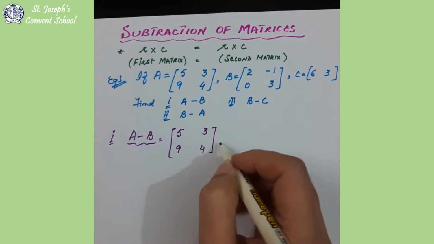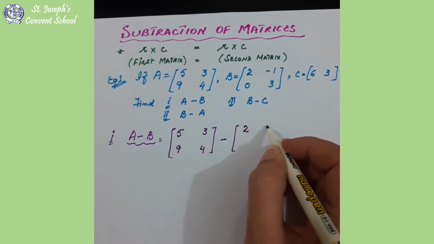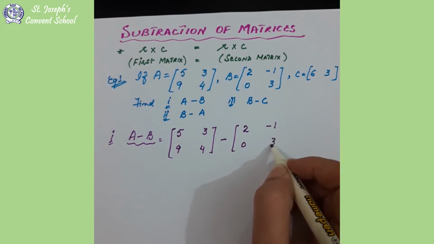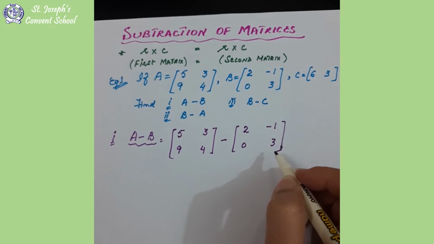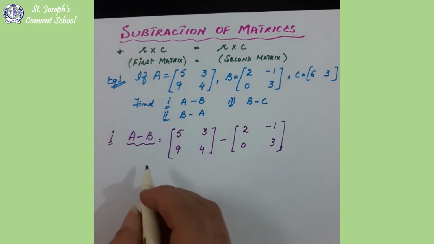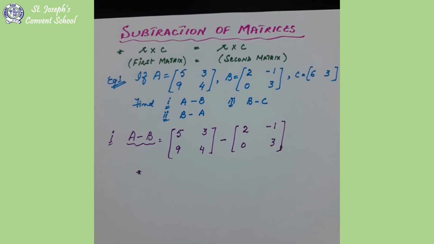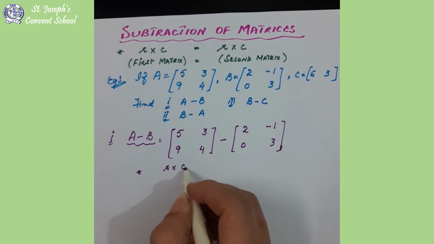Matrix A minus matrix B, 2, minus 1, 0, 3. So you will check the order. Let's check the order of both. You can directly see also that order is same, both are square matrices, but still write the order.